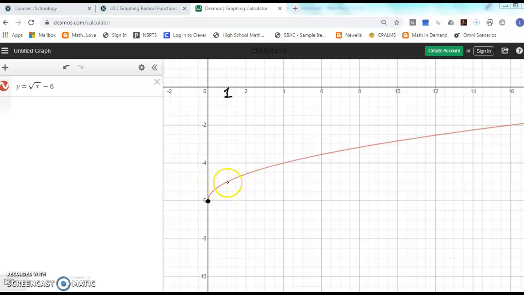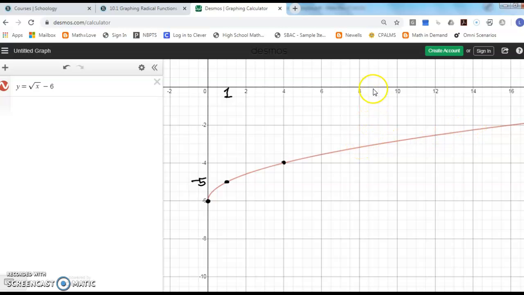So this is negative 5 right here. And then when x is 4, it became negative 4. So that's negative 4 right there. If you connect those 3 dots, then we know definitely that they will be lying on this curve over here, right?